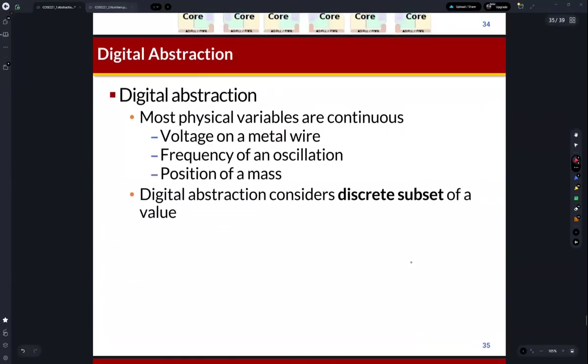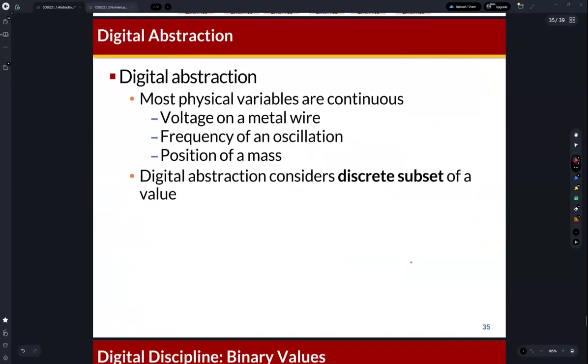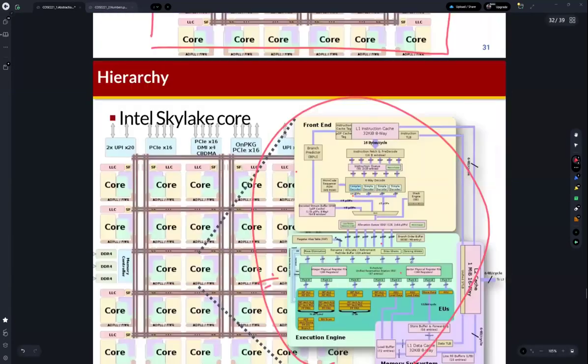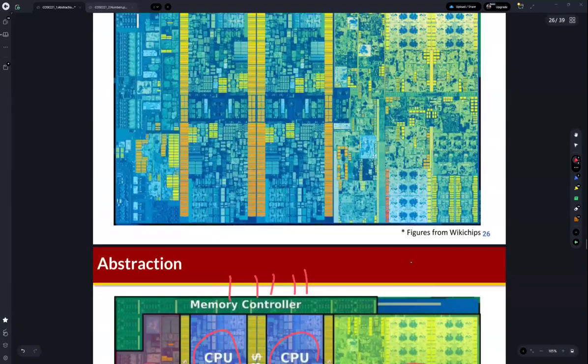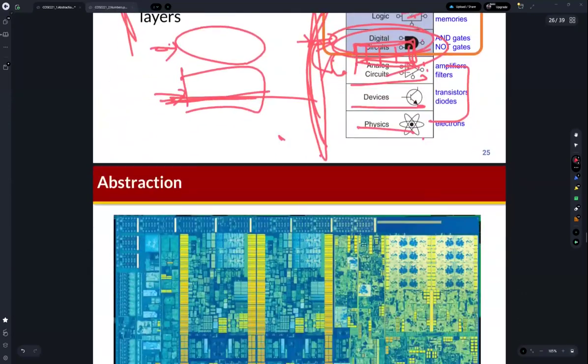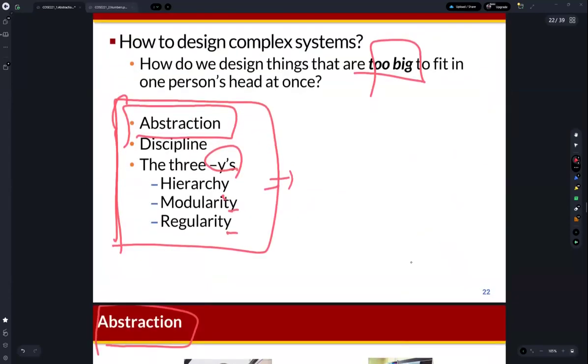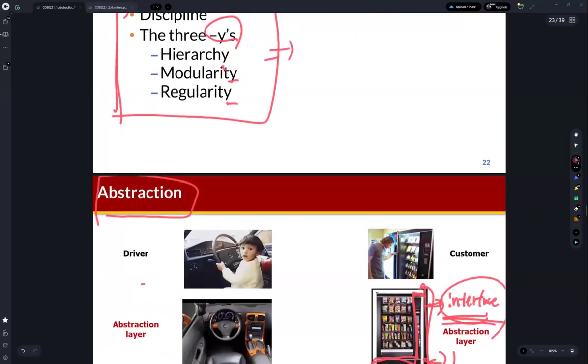Okay, so these are some approaches for designing a complex system. I just mentioned that modern chips, modern processors, are very complex systems, but you don't need to worry, because we can apply these approaches like abstraction, discipline, and the three Ys: hierarchy, modularity, and regularity. Using these approaches, we can build very complex systems.